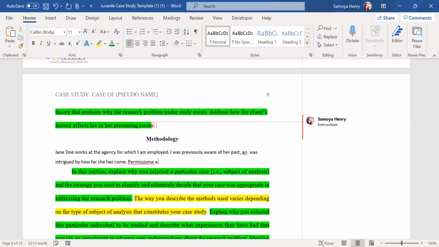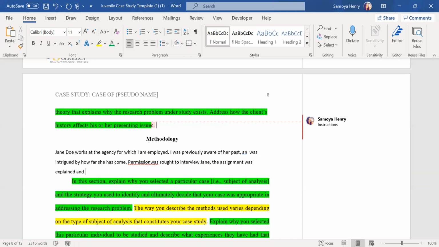Permission was sought to interview Jane. The assignment was explained and Jane agreed after being informed. Jane provided consent.